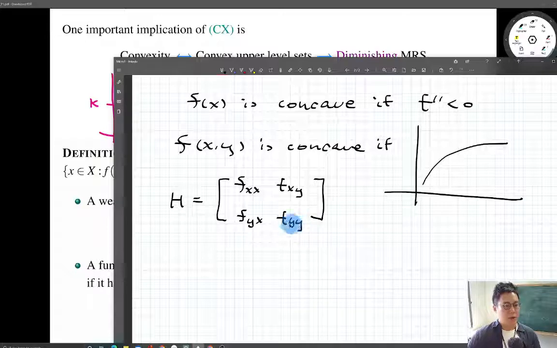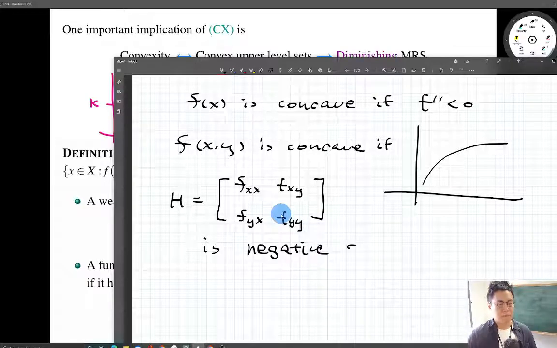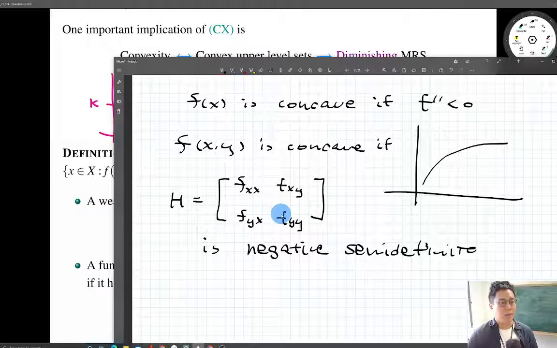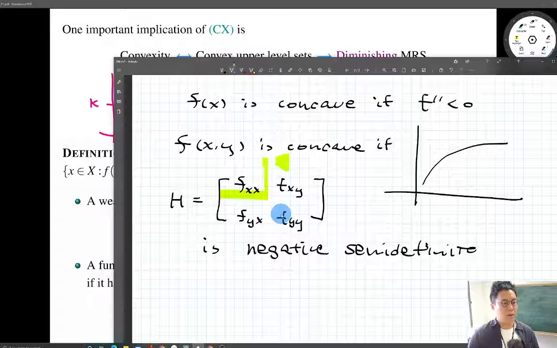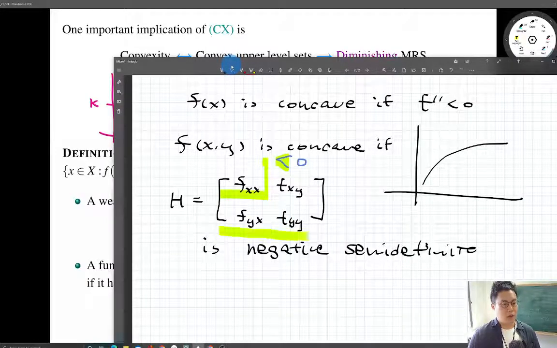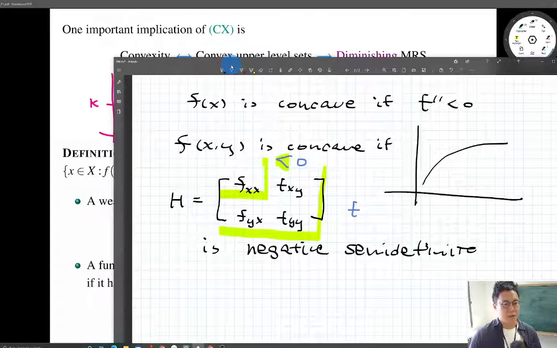Okay? So if this Hessian matrix is negative semi-definite, meaning that this first entry is negative, okay, and the determinant of this 2 by 2, so f sub xx times f sub yy minus f sub xy squared, is positive.